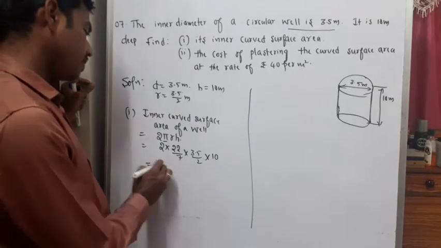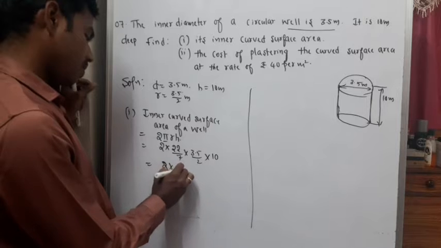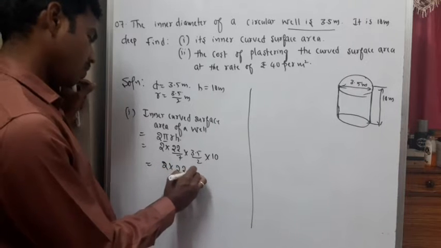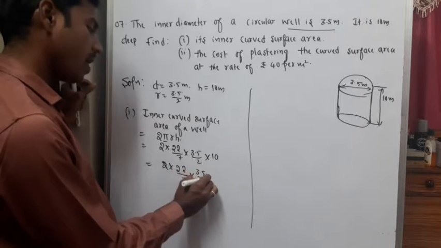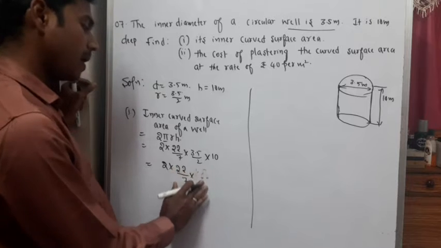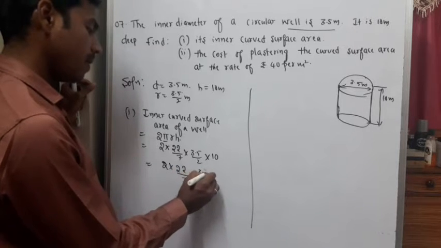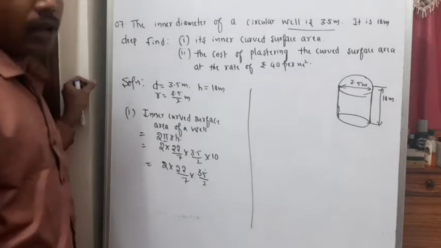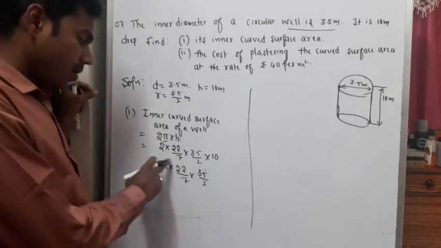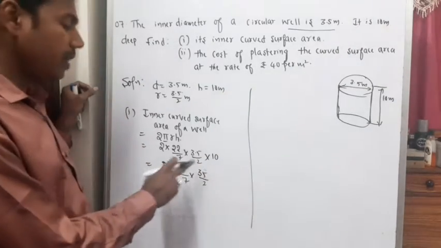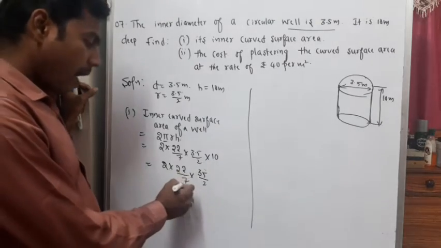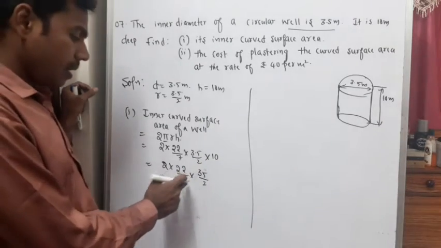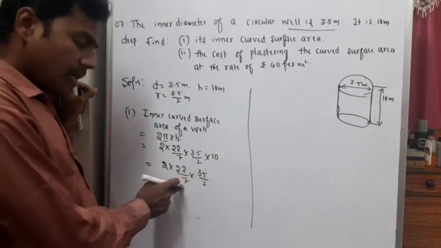Now what can we do? See, 2 into 22 by 7 into 3.5 by 2 into 10, that is 35 by 2. We should be careful while simplifying because we need to look at the number and the factors of that particular number. See, 35 is a multiple of 7.